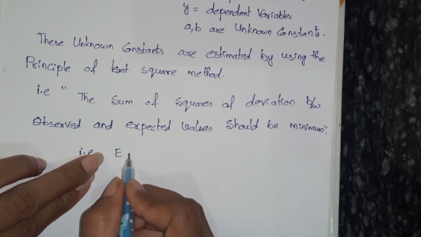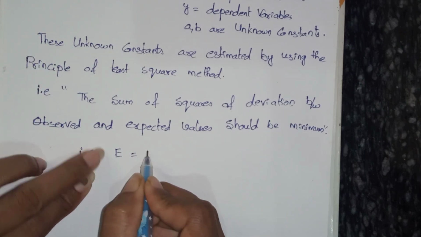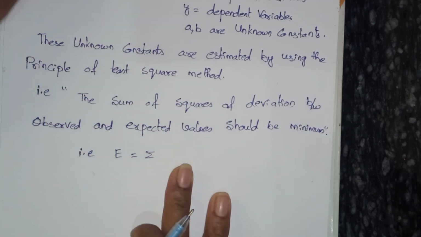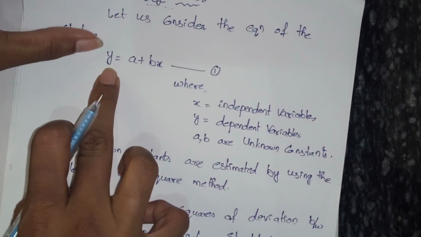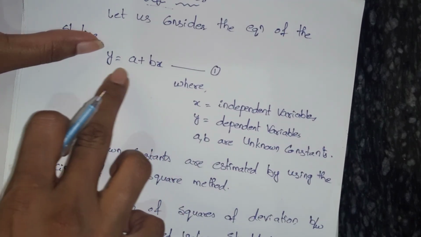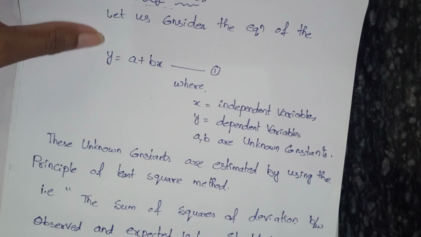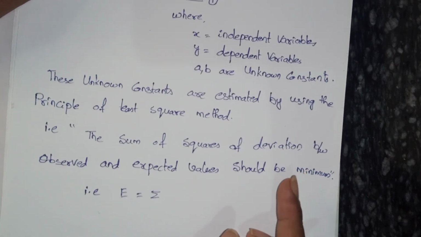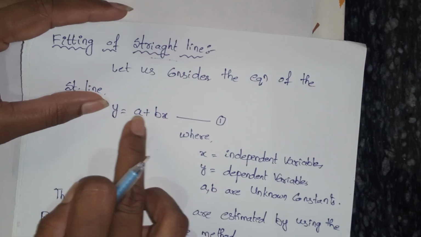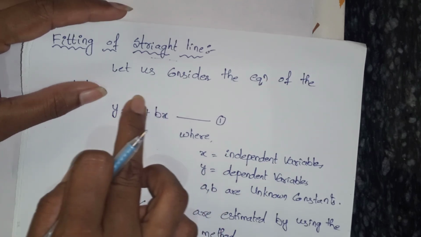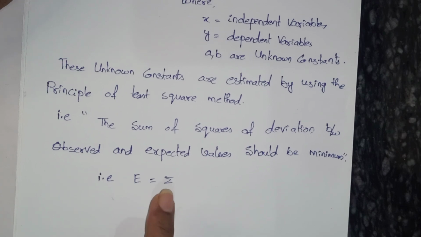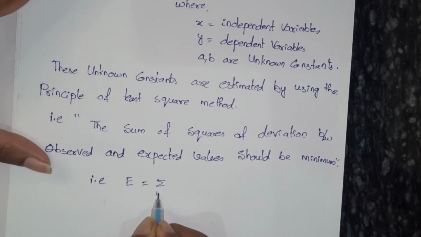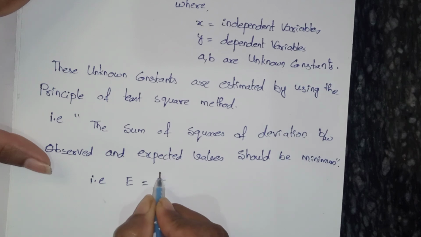So E equals the sum of squares of deviations between observed and expected values. Deviation means subtraction, that is, minus. So we take the difference of these two values, square it and sum it. So E equals summation i equals 1 to n.